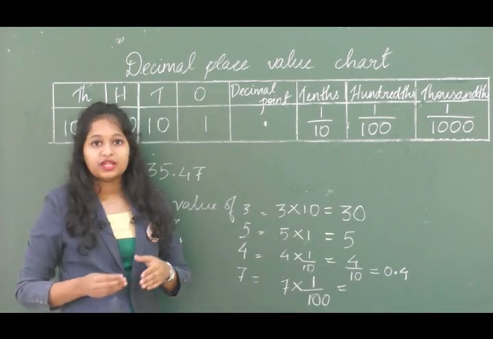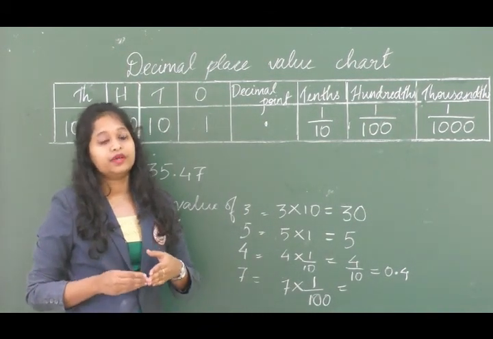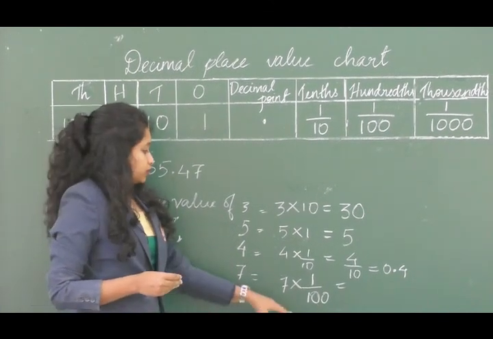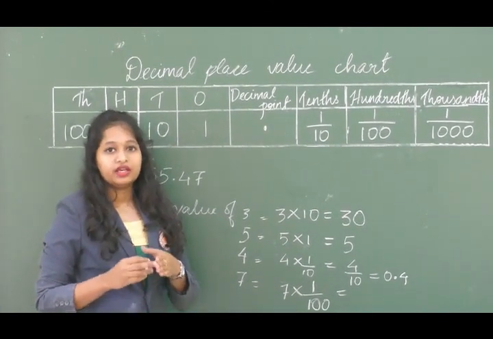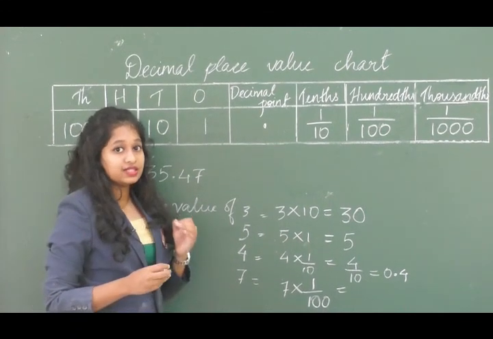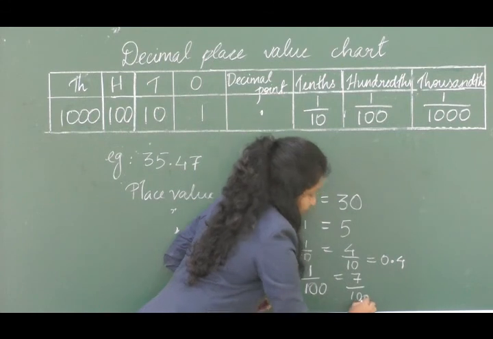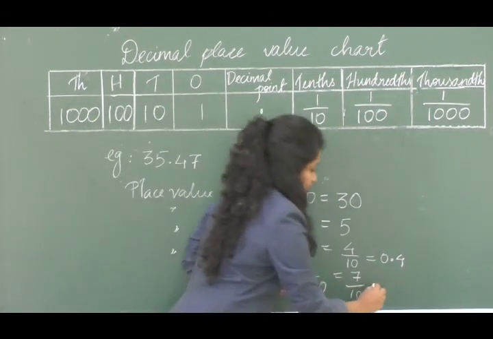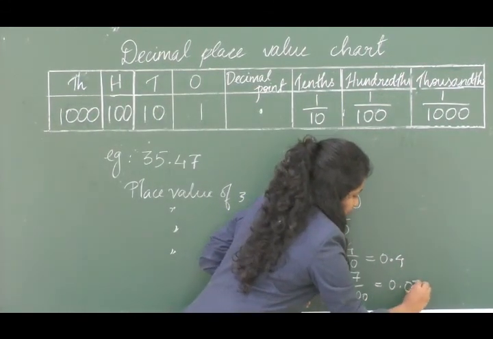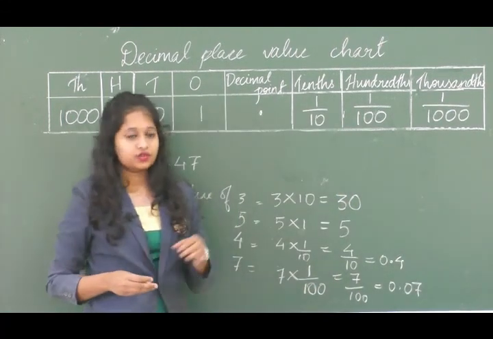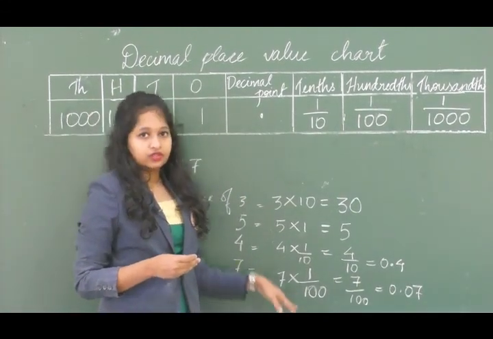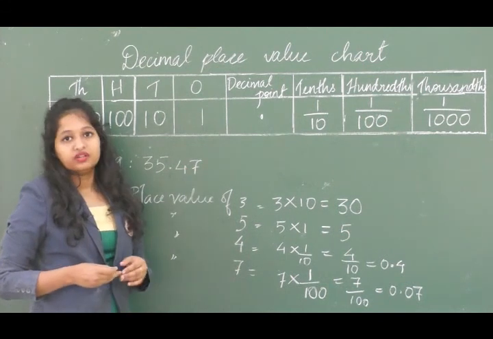So we have to multiply 7 by 1 by 100. So when you multiply 7 by 1 by 100, we get 7 by 100, which is equal to 0.07. Okay, so these are the place values of the given number.